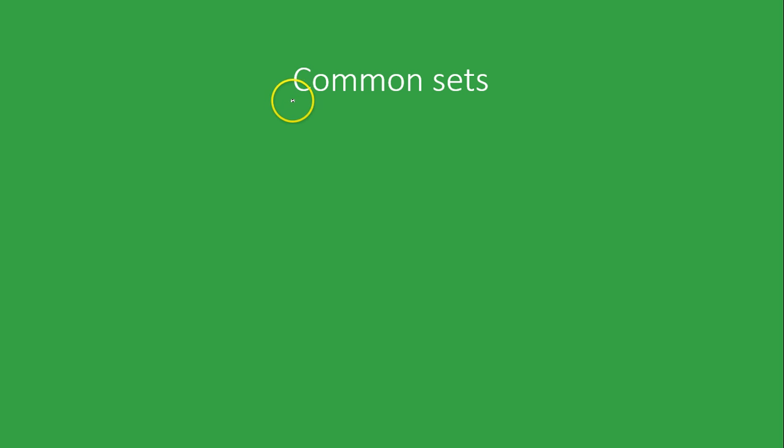The next concept is that of common sets. There are certain sets which are commonly used to represent the functions which we'll study in the later chapters. So let us start with N, which is the set of all natural numbers.